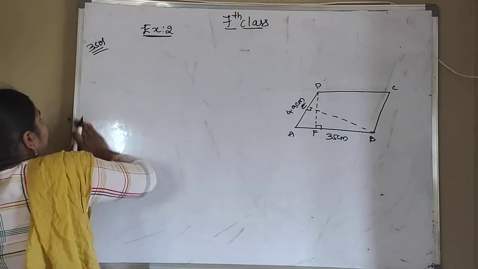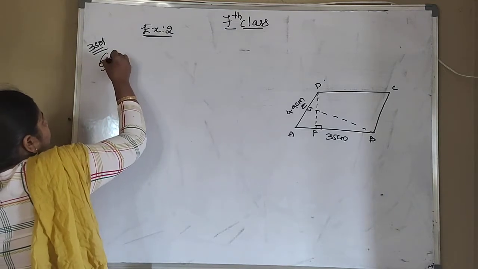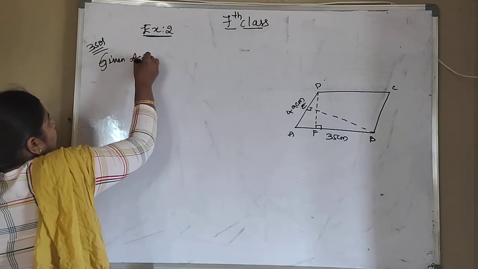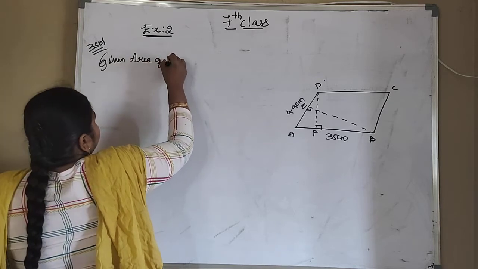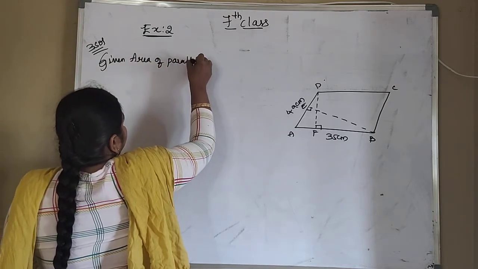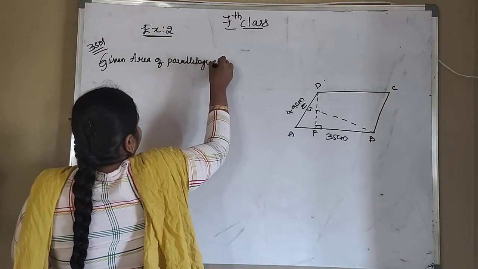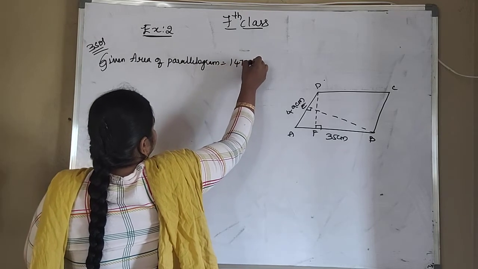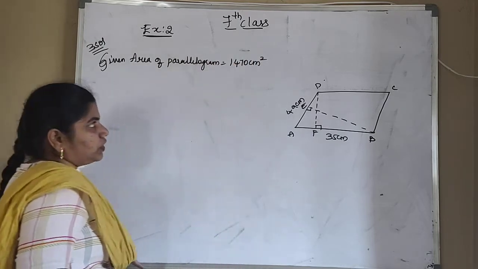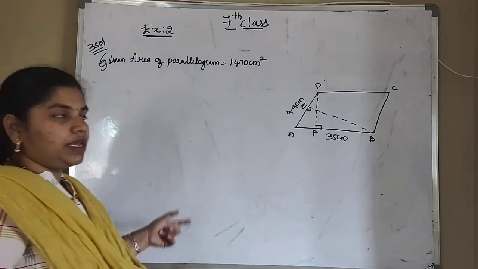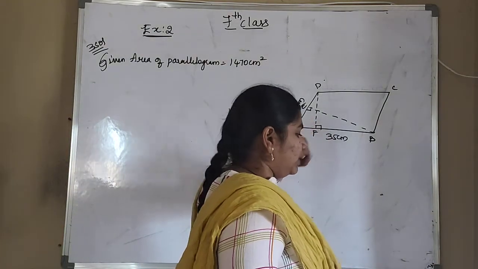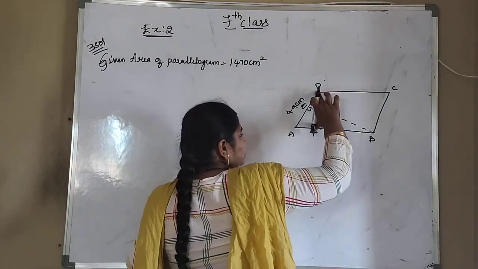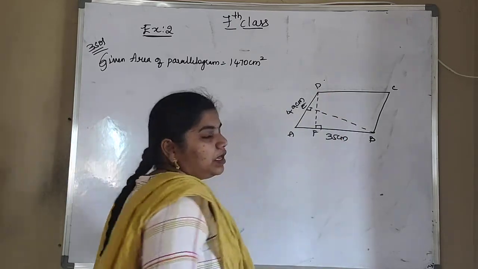So already we know, given area of parallelogram as 1470 centimeters square. So they have given the area. By using this area we have to find these height values. So I am taking this height as H1 and this one I am taking as H2.